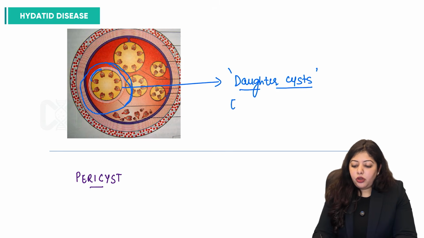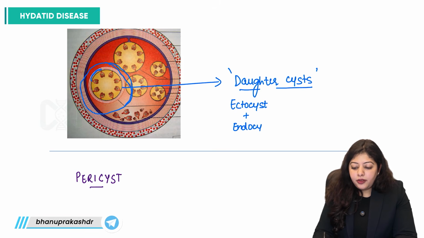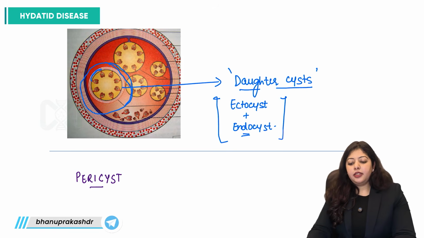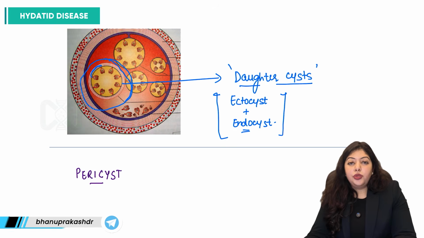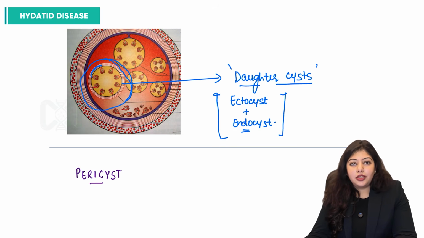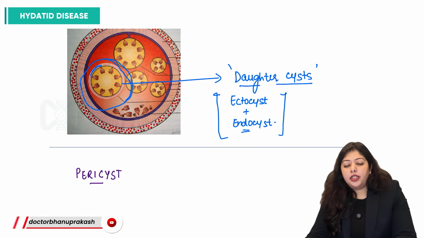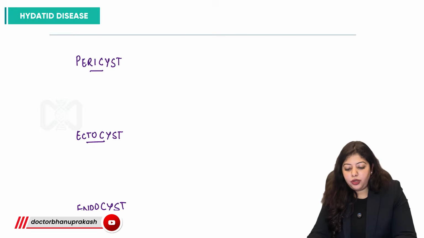It is composed of ectocyst plus the endocyst, right? So these two layers develop, and these structures give a view of a cyst within a cyst, right? And it is very well appreciated under ultrasonography, and you'll see it with the help of an image, right?